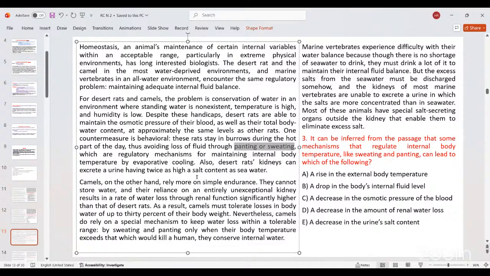However, let's check whether it is sweating and panting. Now, as Aditya suggested, this one. So it is panting and sweating, but it is sweating and panting, right?